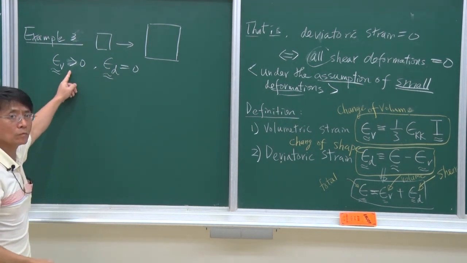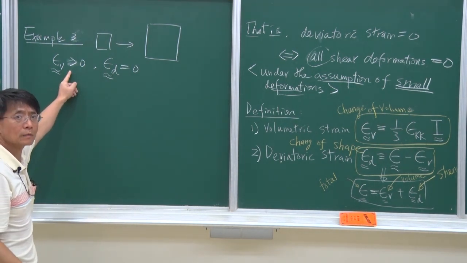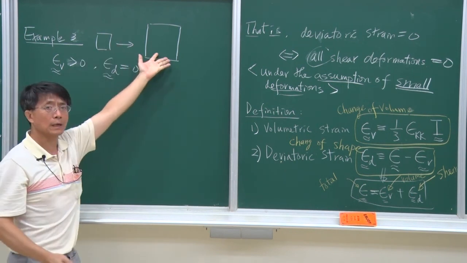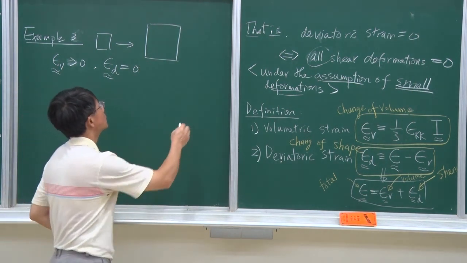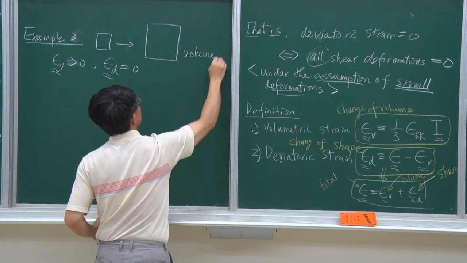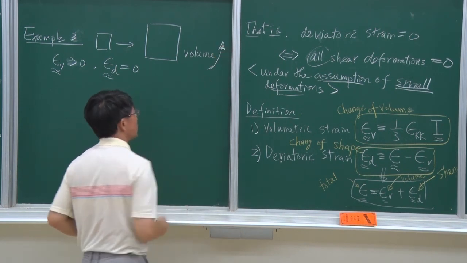Your volumetric strain is larger than 0 because the material becomes larger.